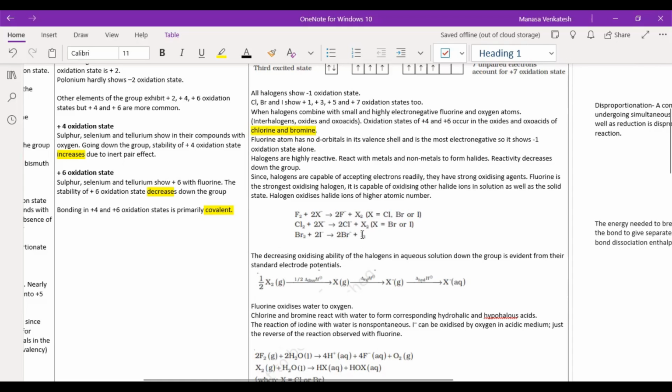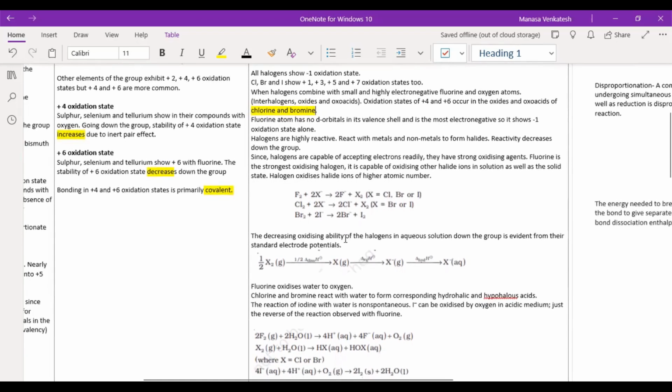Notice there's a pattern. The ones above are able to oxidize the ones below them. So fluorine can oxidize chlorine, bromine, and iodine. Chlorine can oxidize bromine and iodine. Bromine can oxidize just iodine. And the reason for decreasing is because of their electrode potential, which is decreasing.